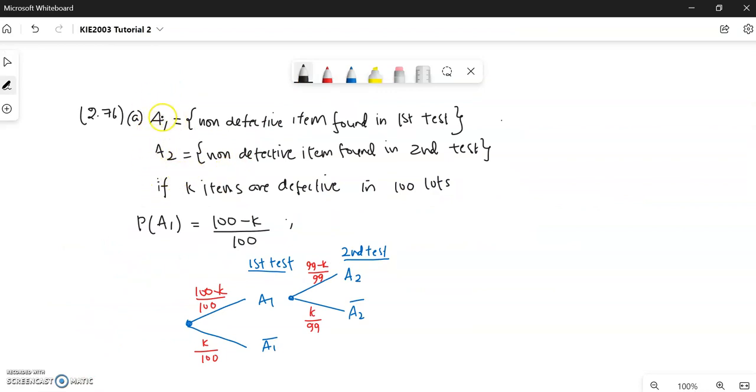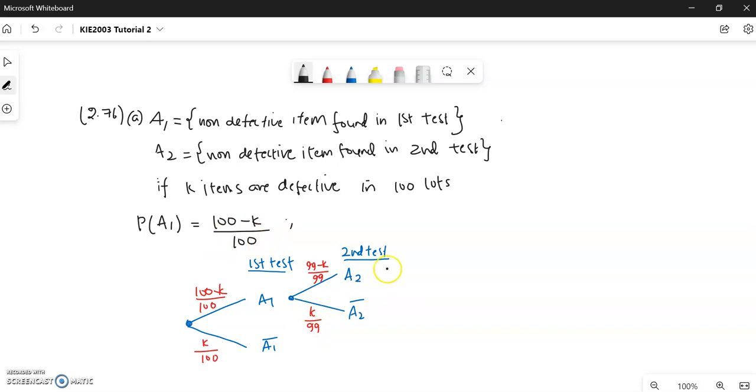If we put A1 as the event where a non-defective item is found in the first test, and A2 to indicate the event where a non-defective item is found in the second test. So we have K defective items in 100. The probability of A1, meaning you choose a non-defective item, is 100 minus K non-defective items divided by a total of 100 items, right?